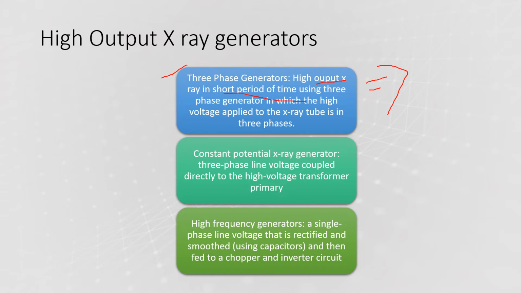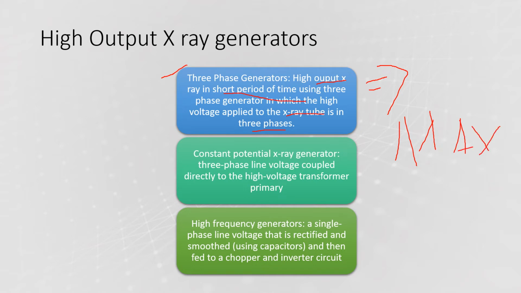Okay. Now high voltage is applied to the X-ray tube in three phases. It is connected to a step-up transformer. The voltage across the tube is always kept at maximum.